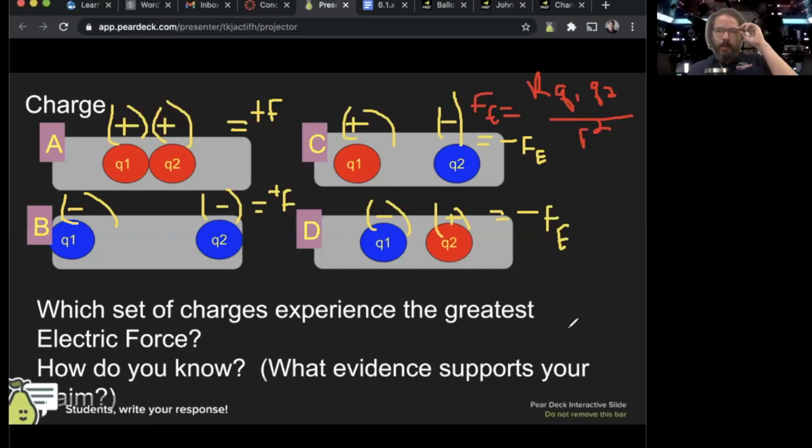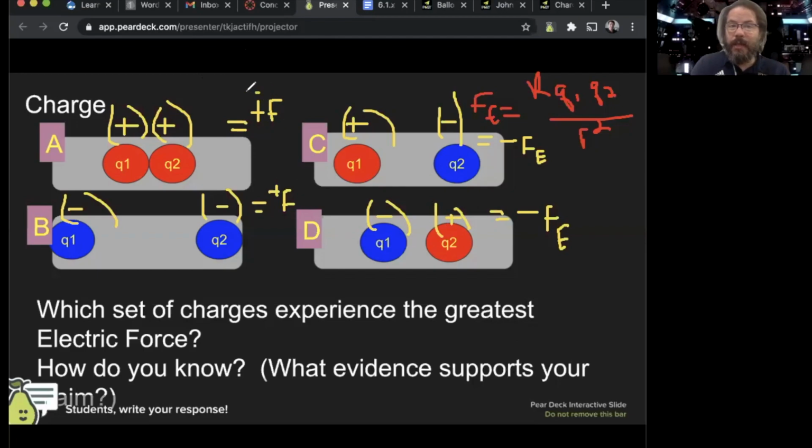When we talked about gravity, what did the negative mean? We said it's below, it goes down. So that is a direction. Anytime in physics, negatives mean direction.